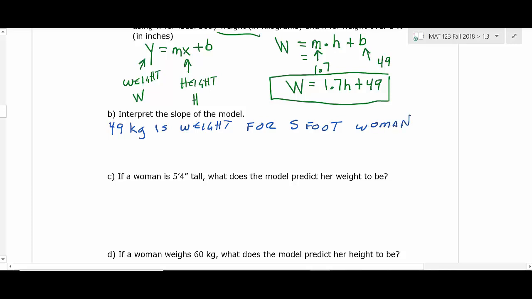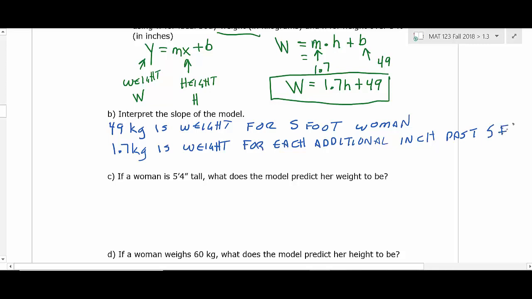And then the 1.7 kilograms is a variable weight, so that's going to be the weight for each additional inch past the 5 foot. Okay, that's what that means. Is that making sense to you?